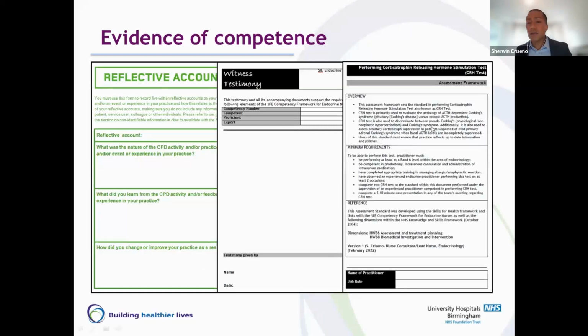If a nurse would like to do CRH tests on their own, they need to observe an experienced practitioner do that first, and then they will be assessed by an experienced practitioner doing it independently. They have a document that they can use to prove that they achieved that level of competence. So these are just examples of how you can use the competency framework.